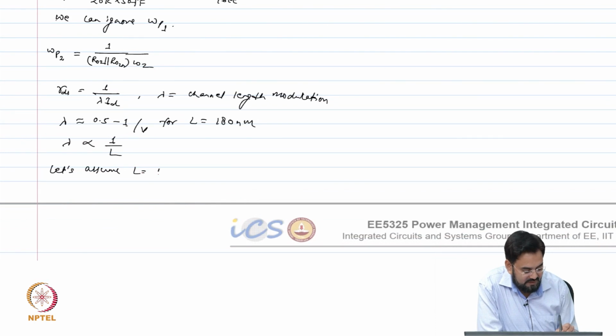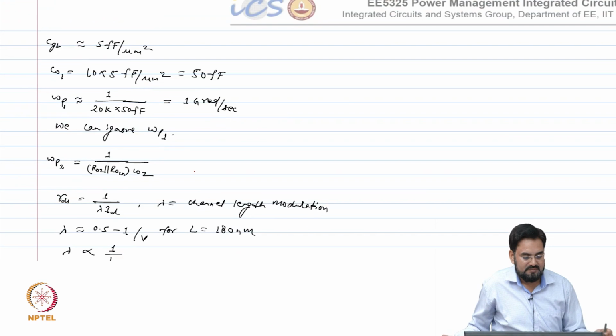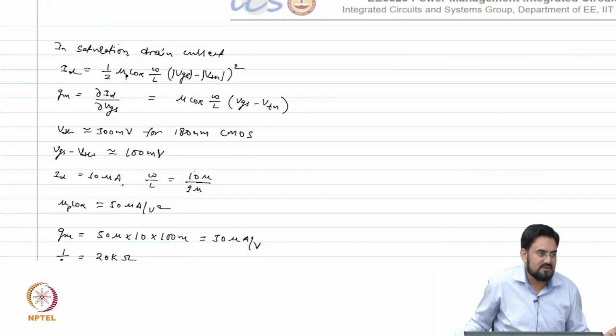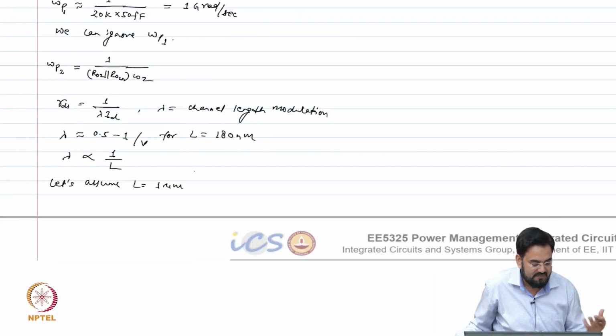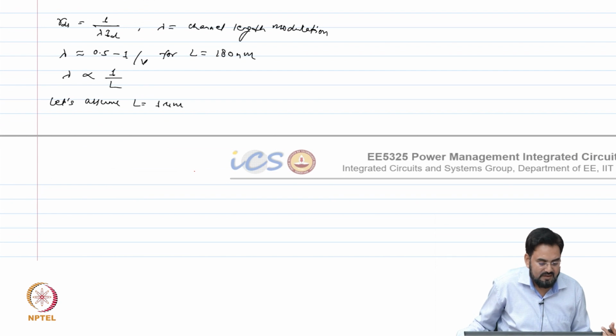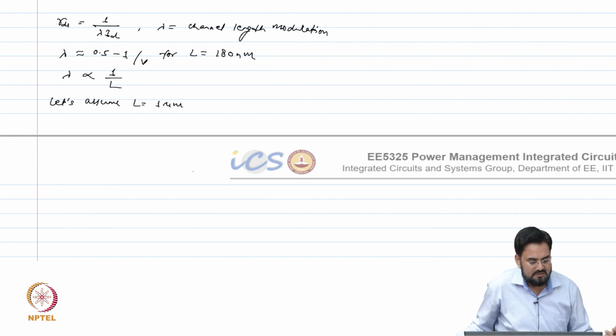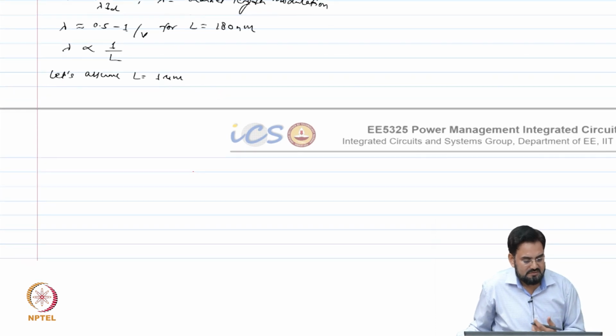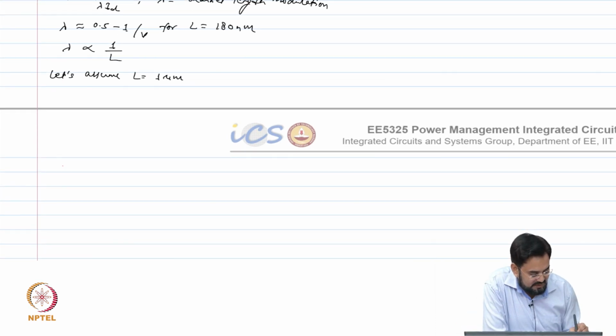L equal to 1 micron, because we already saw W by L, that is what we consider. So, for 1 micron what will be that? So, 1 by 0.18 roughly 5 times. So, your lambda will be approximately 1 by 5, 0.2.